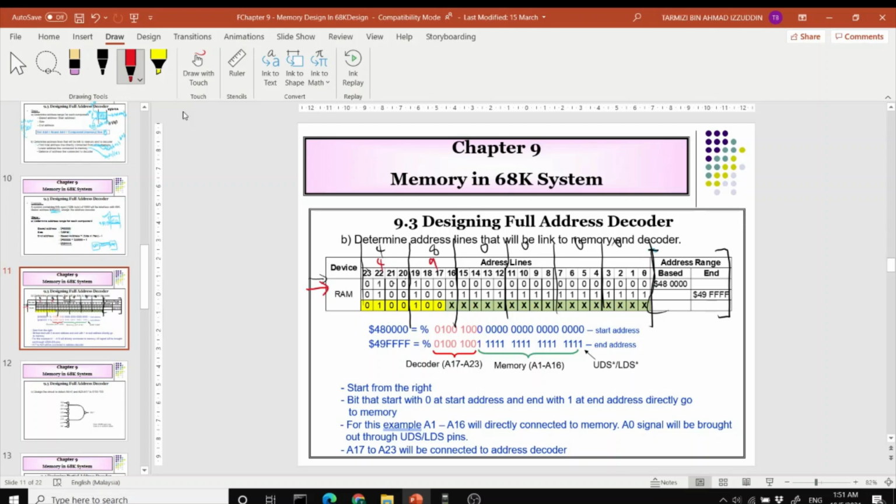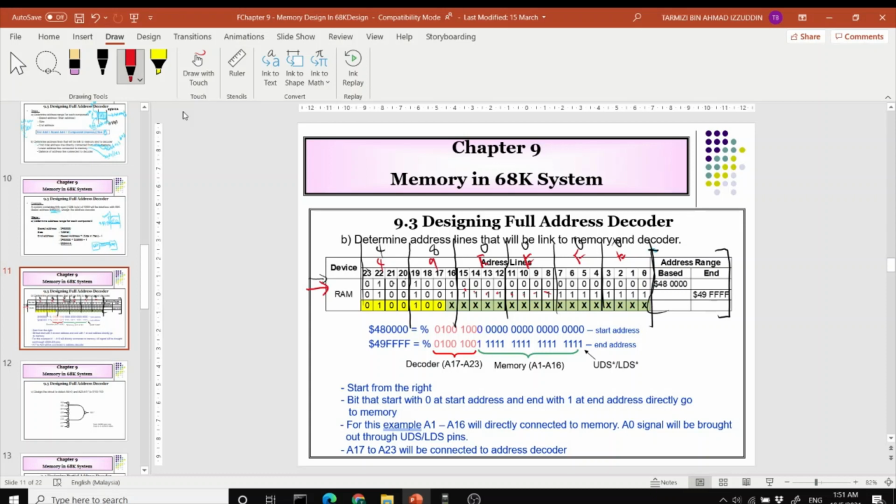So this 1, 1, 1, 1 equals F, and all the others are F. You need to put in all of these values.